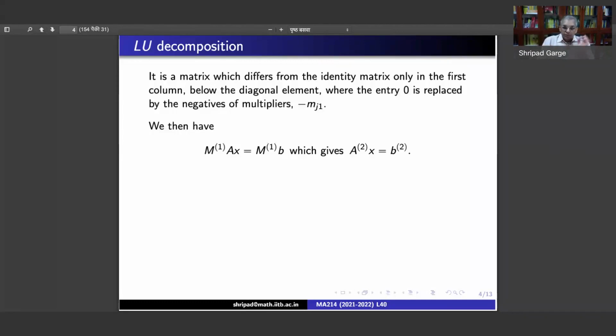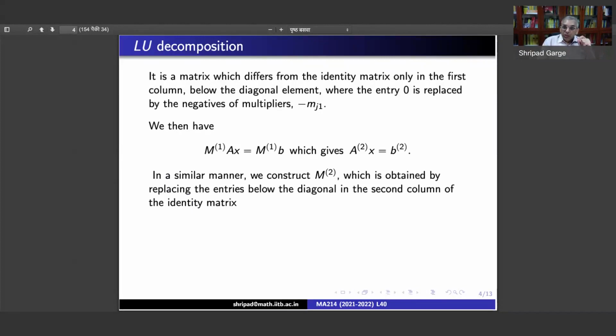This is what we have. In a similar manner, we continue. We construct the matrix M2, which is obtained by replacing the entries below the diagonal in the second column of the identity matrix by the negative of the multipliers, minus Mj2, because now we are going to look at the second column.